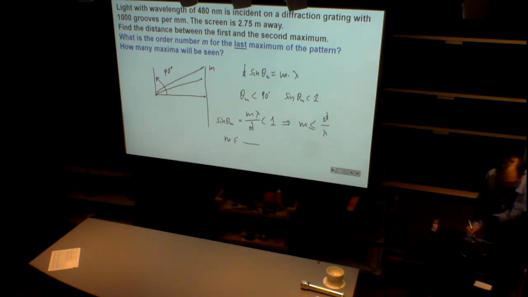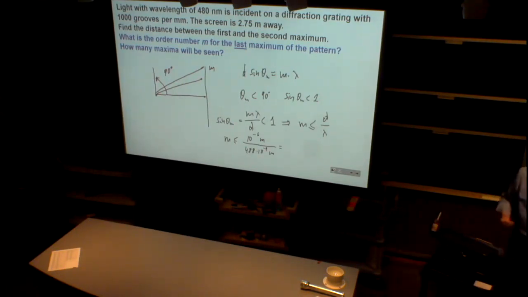our numbers are, that was 10 to the negative 6th in meters, and that is 480 in meters. So please take a calculator and calculate this ratio. It has to be some number. And please just tell me that number.